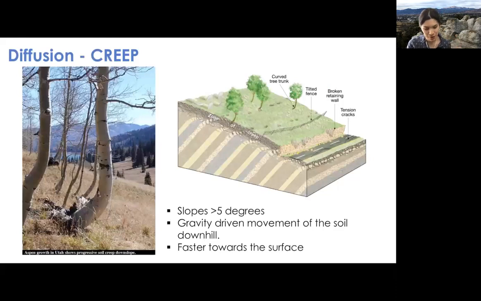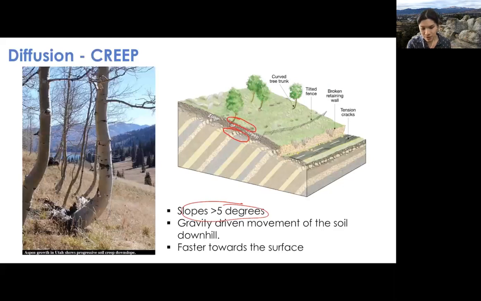It tends to occur on slopes that are greater than 5 degrees and is really just gravity pulling the soil materials downslope. It's going to occur more rapidly towards the top of the soil and then much more slowly as we get down into the regolith and towards bedrock. And it causes some bending or distortion of the features on the surface.